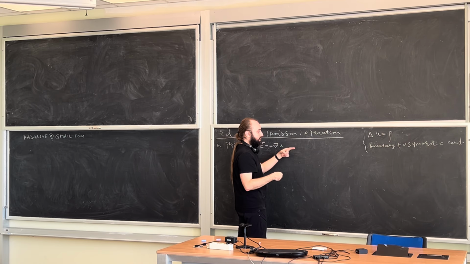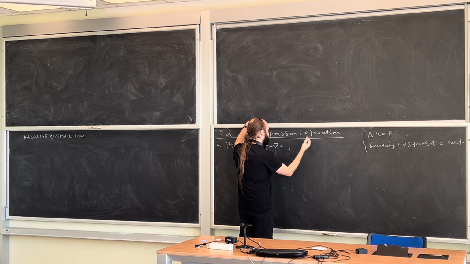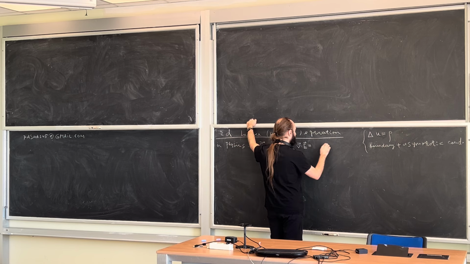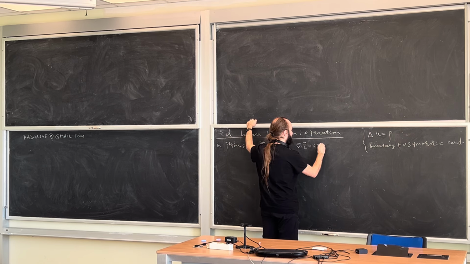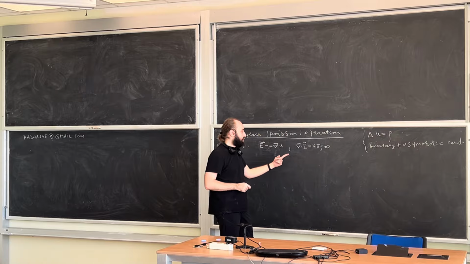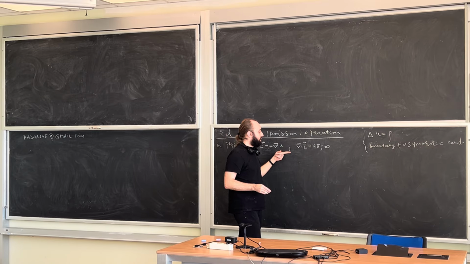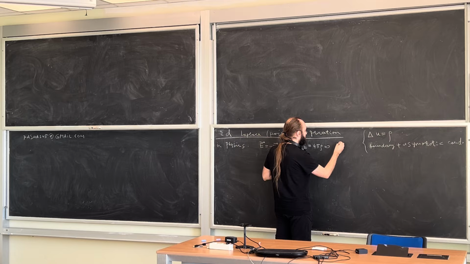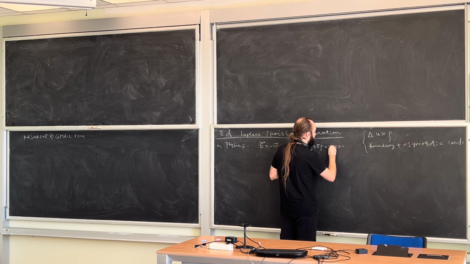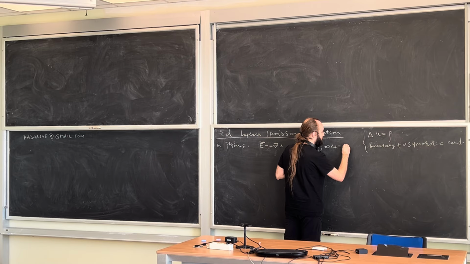And one of Maxwell's equations tells that divergence of this electric field equals 4 pi rho, again up to some constants. So in this convention, we have minus Laplacian of u equals minus 4 pi rho.